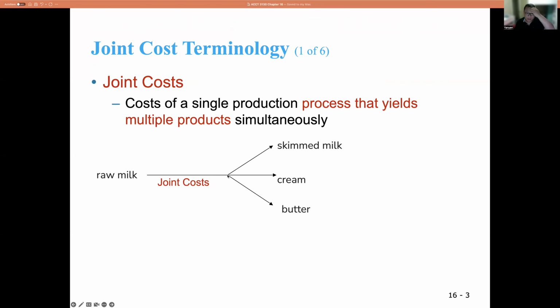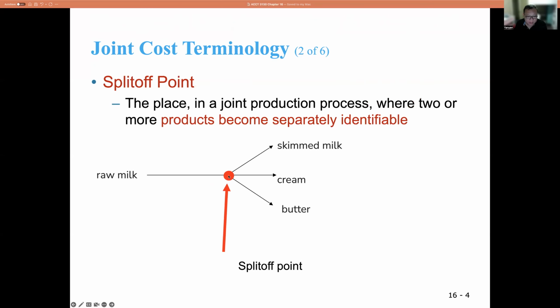This point here is the point when the different outputs become separable. So this point is called the split-off point.